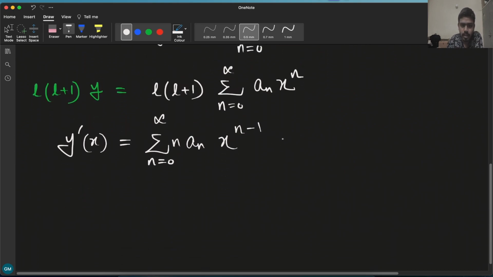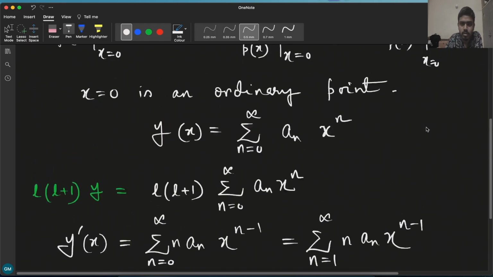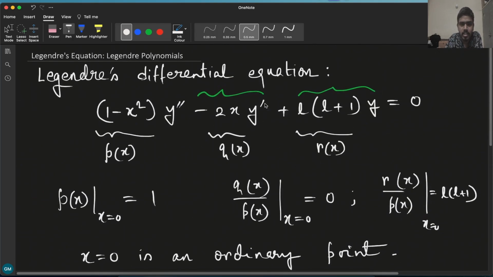But with n starting from 0, if I put n equals 0, this term is 0 because of the n sitting here. So the 0th term contributes nothing, and I can start this series from n equals 1. So n a_n x to the power n minus 1, and there is an x multiplied with it.